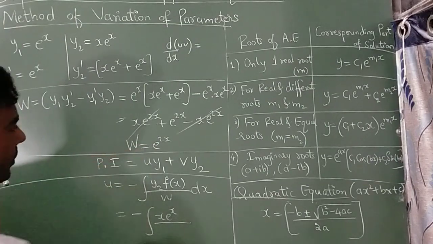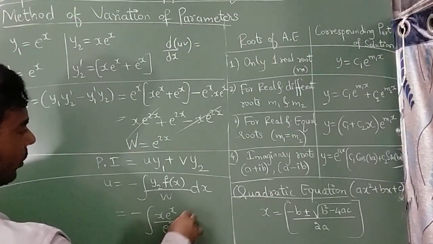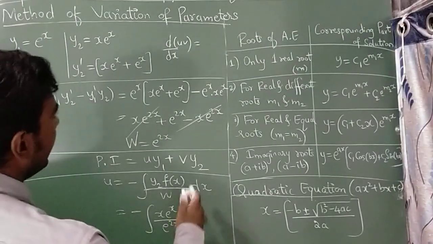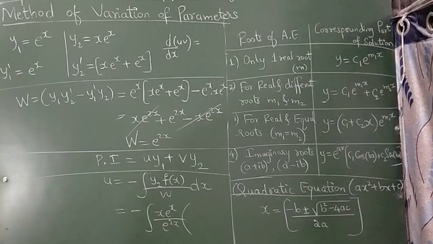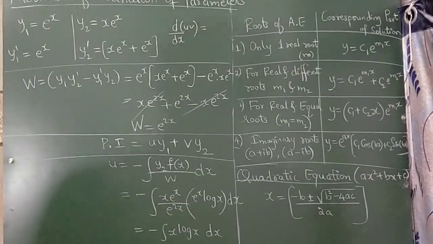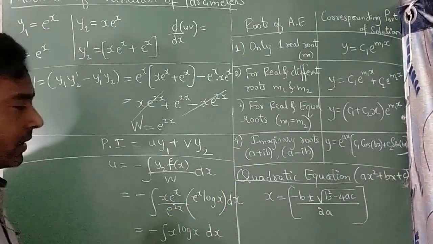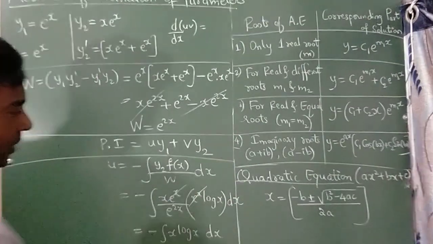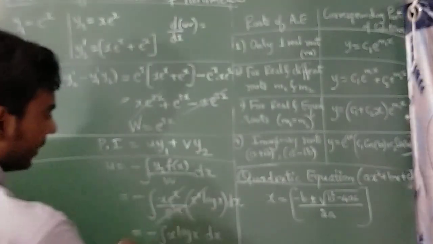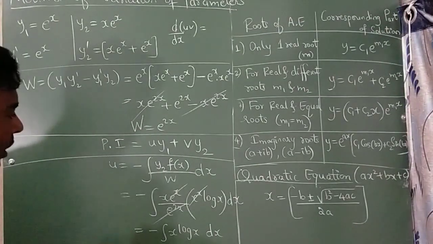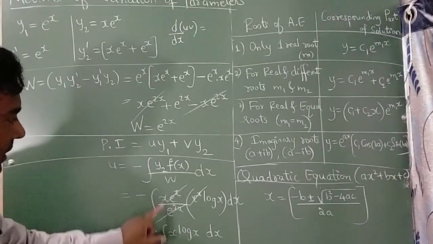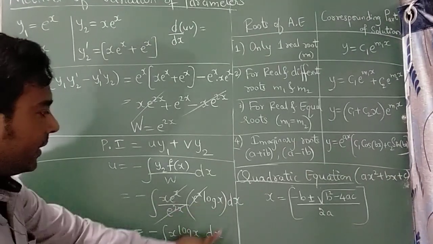Now what is w? e raised to 2x. Now what is f of x? It is in the given. Now f of x is e raised to x log x dx. Fine. So e raised to x, e raised to x, there are 2 in the numerator. Here also there are 2 in the denominator. So what is remaining? Minus integration x log x dx.